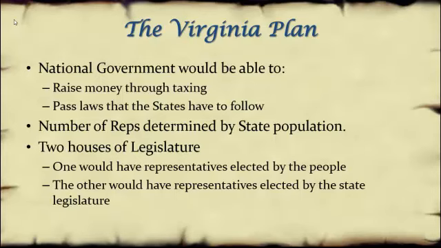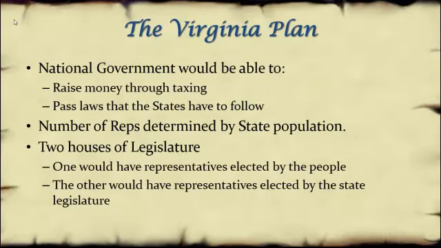However, the Virginia Plan said that the number of representatives should always be determined by state population, meaning that the bigger states would get more representatives than the smaller states. He also proposed two houses of legislature. This is what is known as a bicameral legislature, meaning two houses.